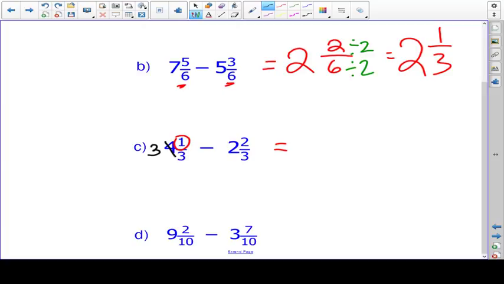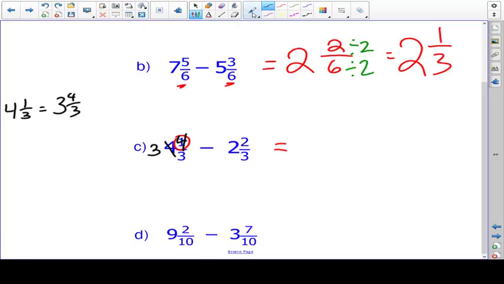Okay? Now, when I do that, I can take 3/3, that's a whole, that's what I took away when I made this a 3, and I can add it to the 1/3. So 3/3 and 1/3 makes 4/3. Okay? So 4 and 1/3 becomes 3 and 4/3.